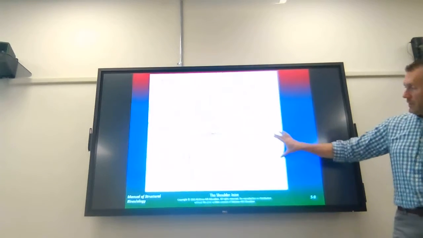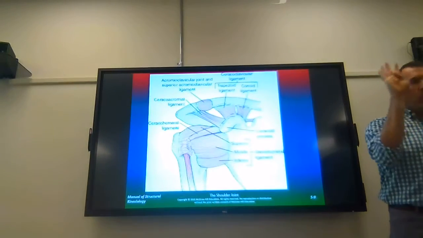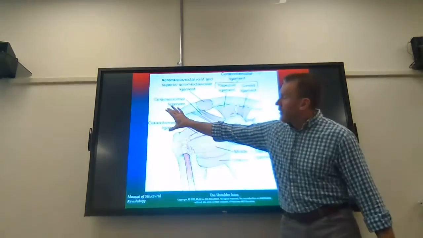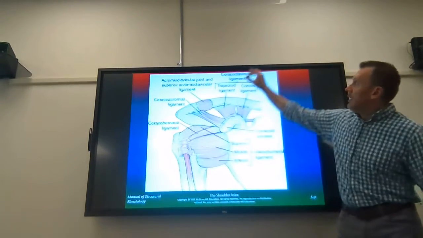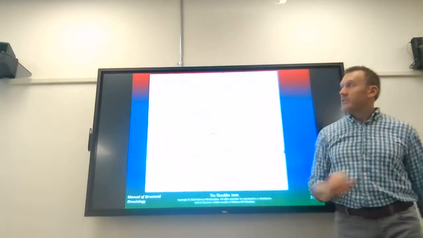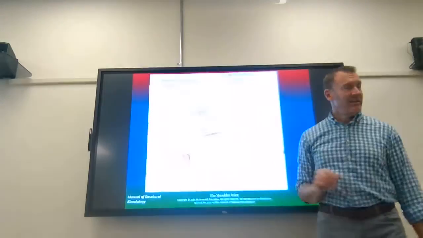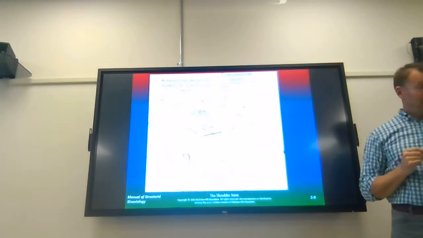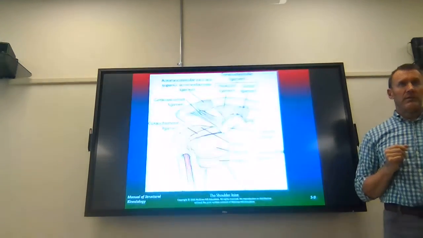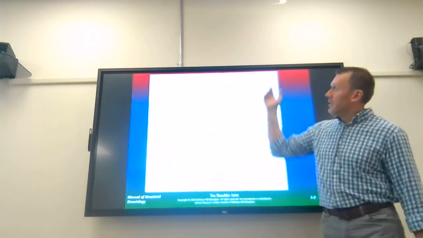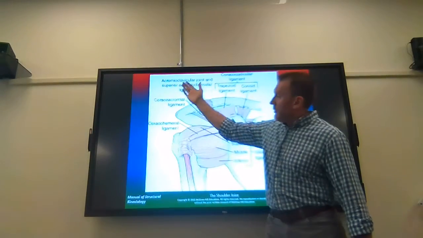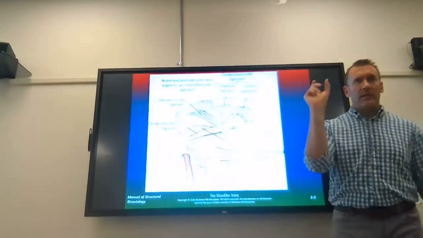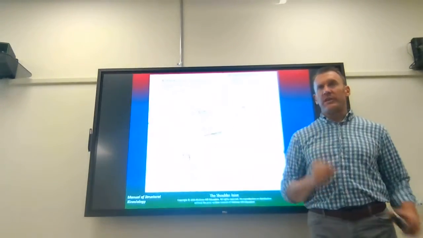So you want to remember these 4, the 4 major ligaments of the shoulder: glenohumeral, coracohumeral, coracoacromial, and coracoclavicular. So notice they all have that same prefix except for the glenohumeral. So you can just remember clavicle, acromion process, and then humerus. And coraco is the prefix.